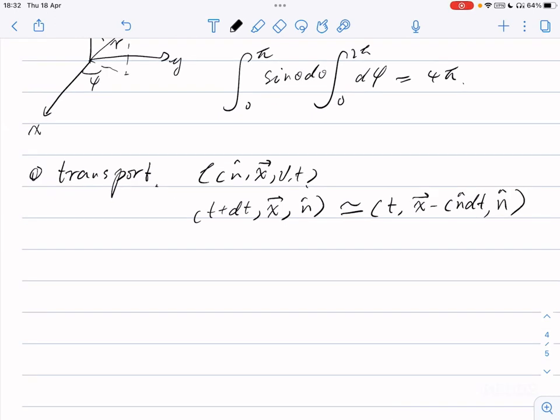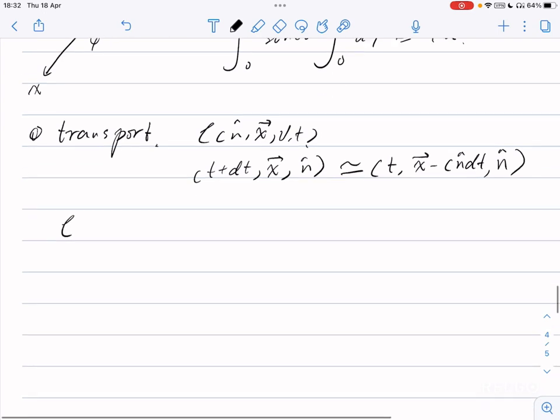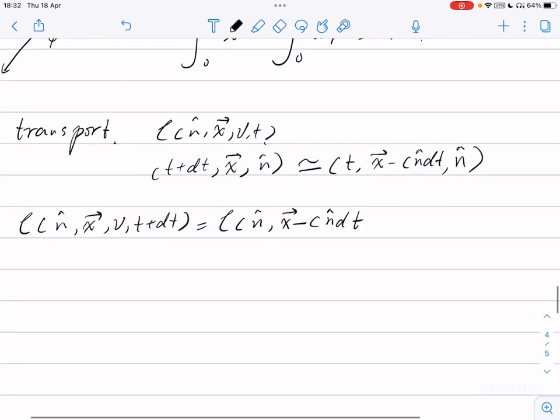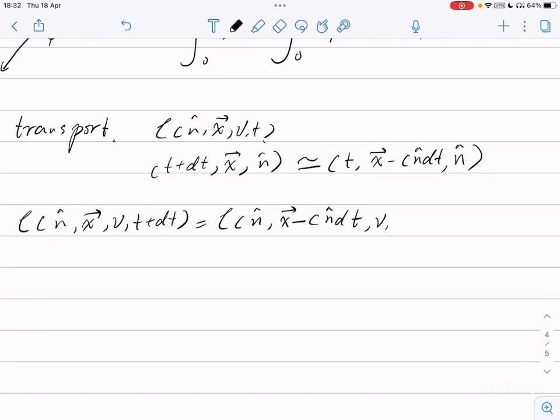So according to this, we obtain L(n, x, ν, t + dt) = L(n, x − c n dt, ν, t).